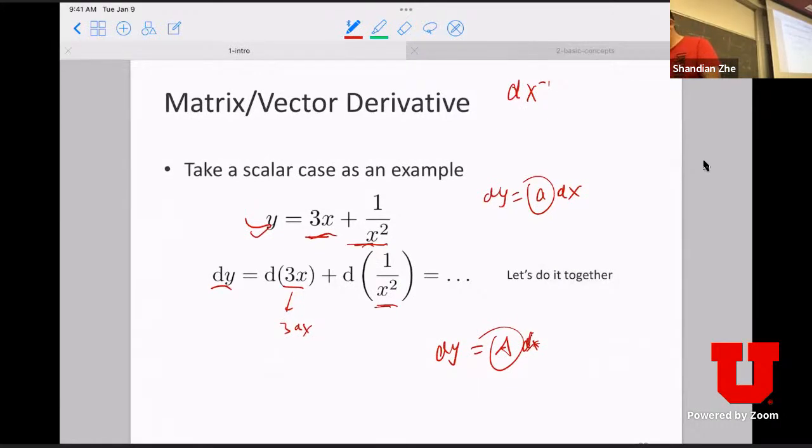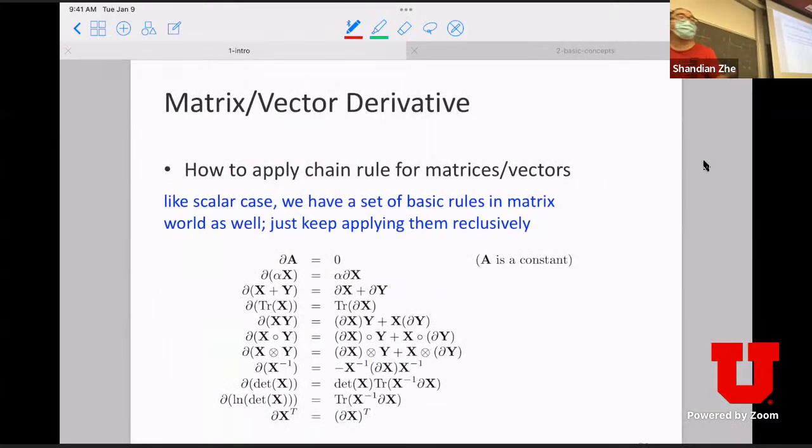Or if your component is a log determinant of your matrix, how do you compute that derivative? The good thing is that we have summarized a lot of basic rules for that. So you don't need to worry about how to derive or prove those. Some very smart pioneers have summarized those rules for you.